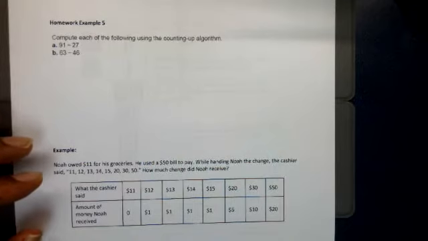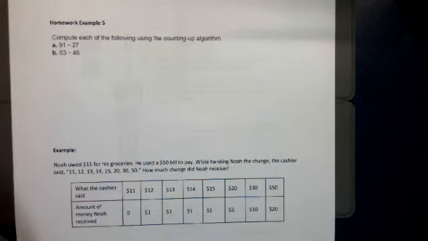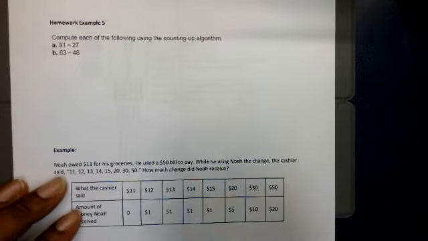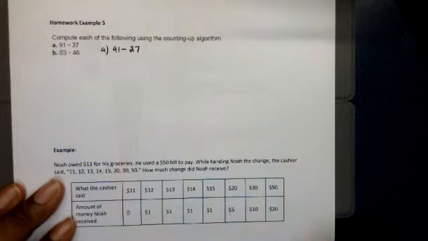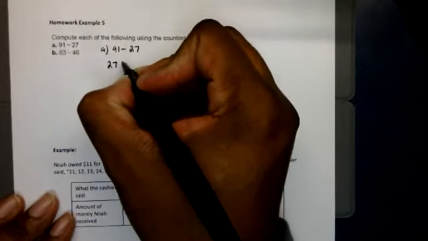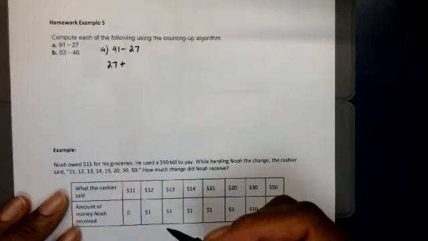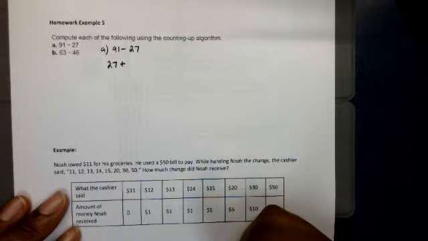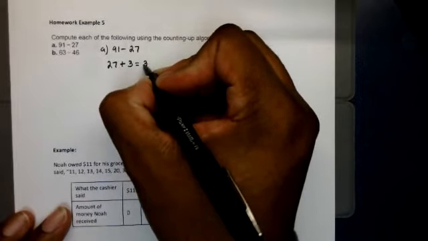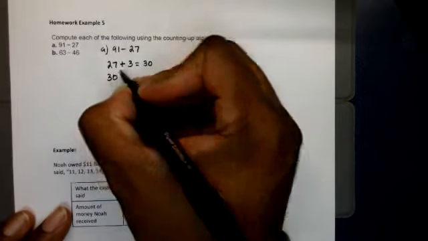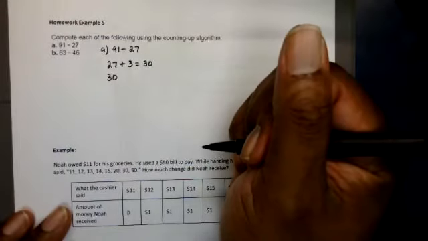So let's try to use that counting up algorithm with these examples, like 91 minus 27. All right, now let's start off with that 27. Let's make 27 a multiple of 10. Well, 30 is a multiple of 10 and is 3 away from 27. So if I add 3 to the 27, that would give us 30. And I'm trying to reach 91.